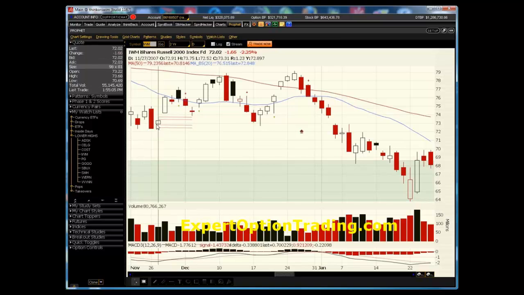It's got a fairly fat white real body in there, but still, you would have entered your position to go long just above this bar and short just below it. You would not have gotten filled on either one of those. After day 4, you would have closed your order entry positions and not gotten filled on this particular setup.